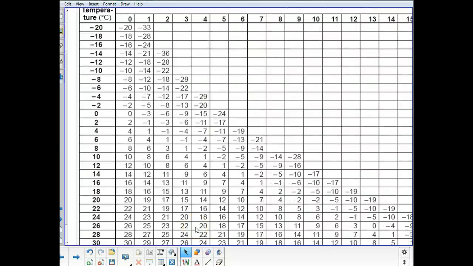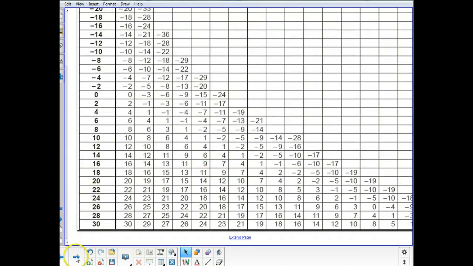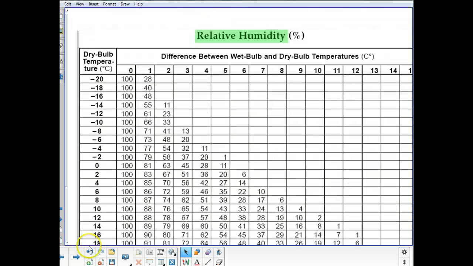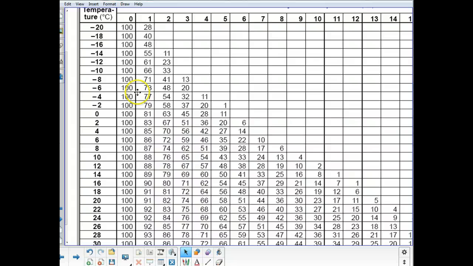Make sure you get the difference between them and use the dry bulb temperature over here. Find where they meet. That gives you your dew point. And if you go to the relative humidity, do the same thing: use your difference between the dry and the wet bulb and your temperature here, and that will give you that.